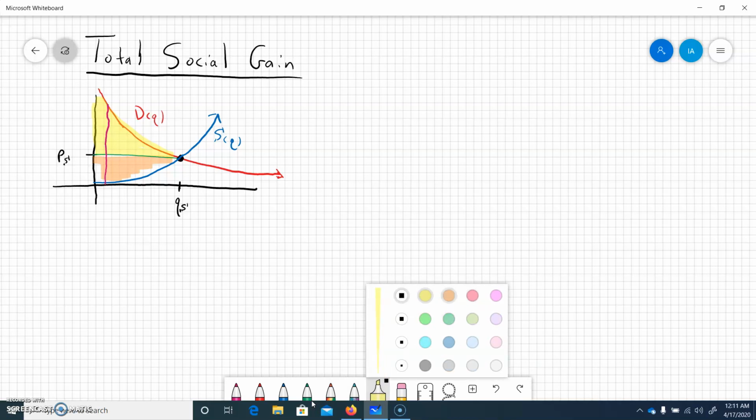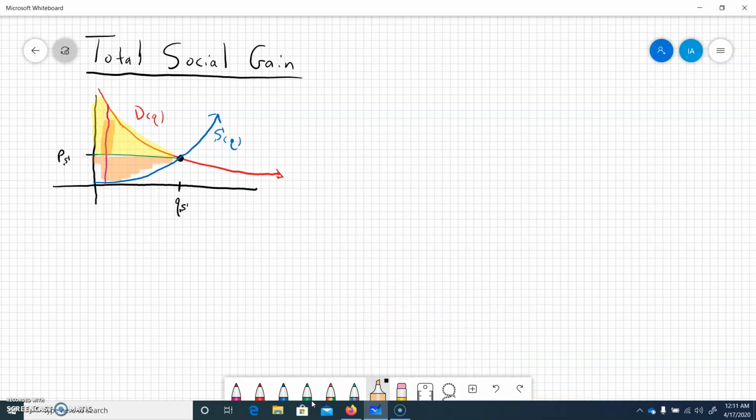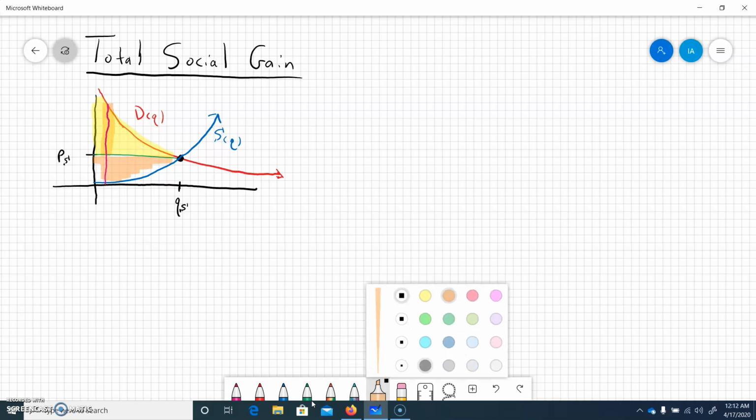So the consumer saved this much. They were willing to pay the top amount up here on the red curve, but they only had to pay the green line. Okay? So they saved that much. So we're going to say the consumer gained this top portion.